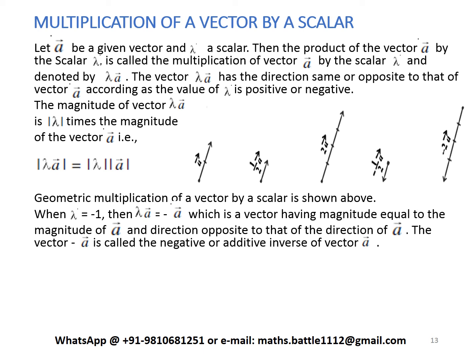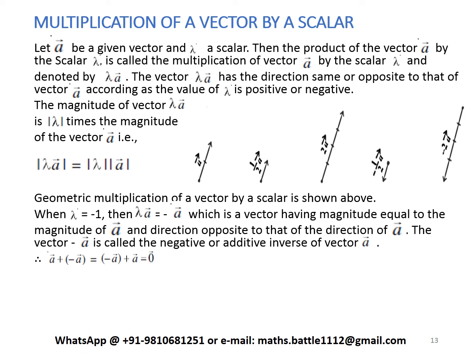When lambda is equal to -1, then lambda A is equal to minus A, which is a vector having the magnitude equal to the magnitude of A and direction opposite to that of A. The vector minus A is called the negative or additive inverse of vector A.